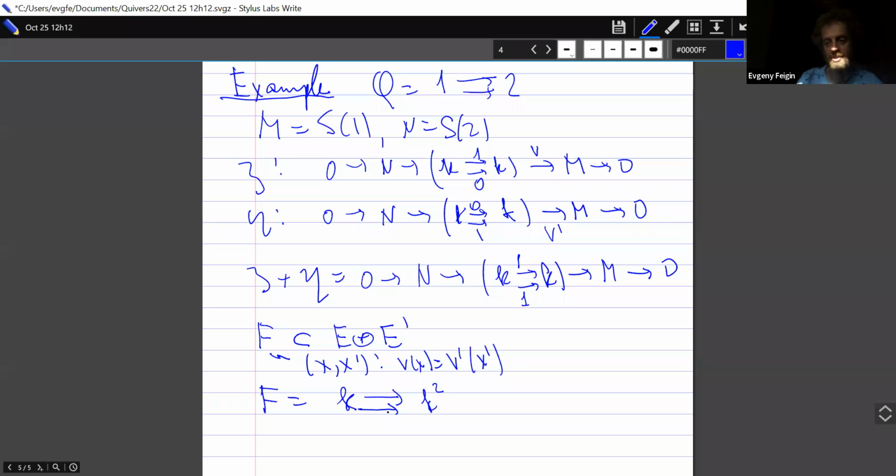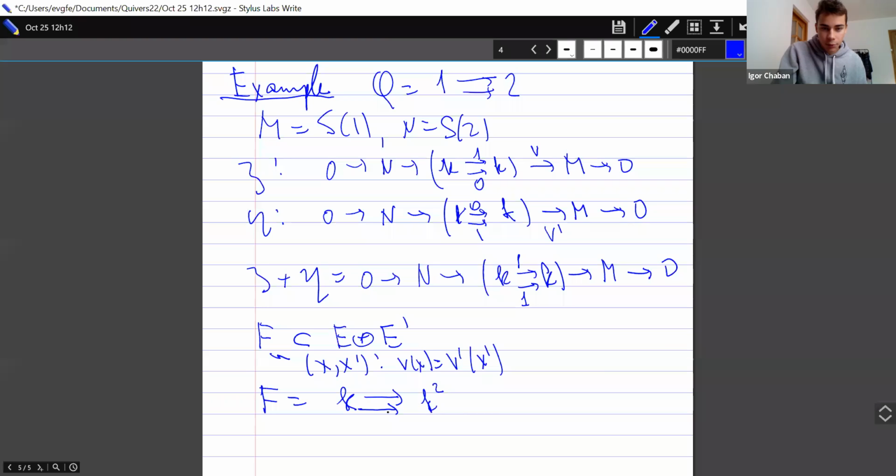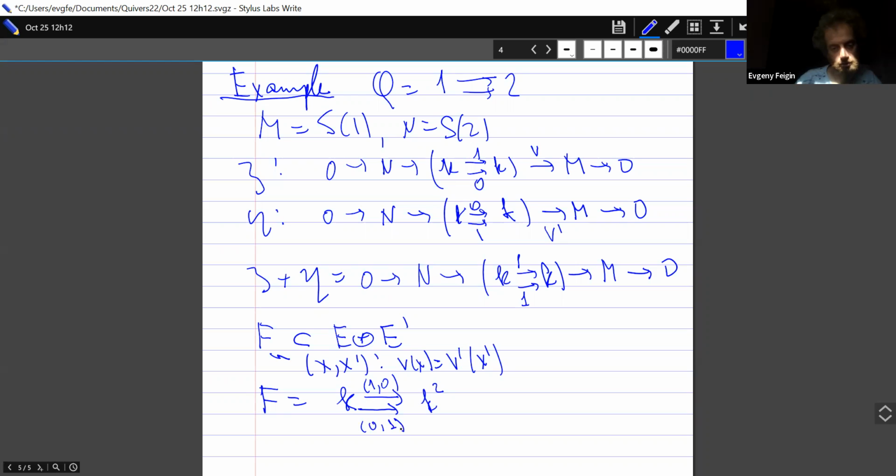And what are the maps? The first is (1, 0), and the second is (0, 1). So this one is just the identity, and the other is just two different embeddings of K into K2.